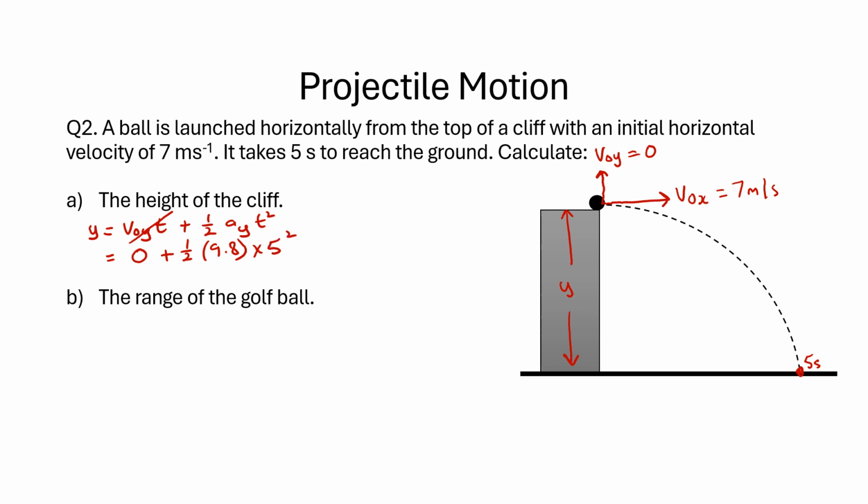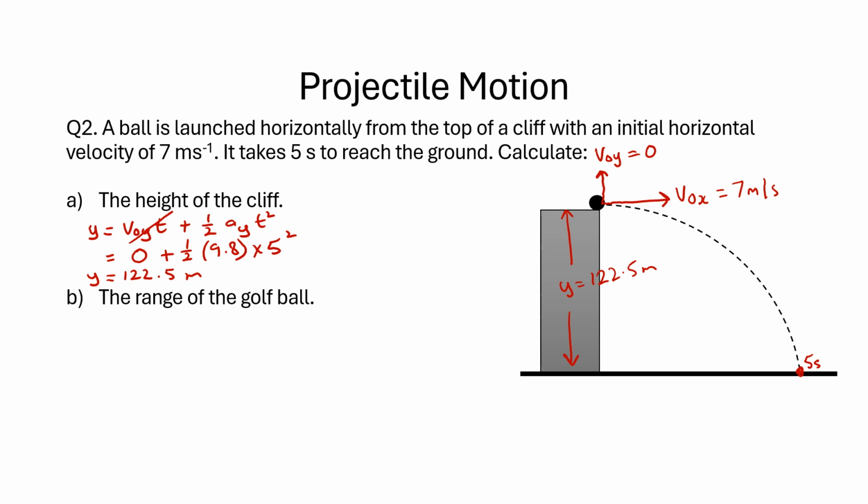So now let's use the calculator and calculate. 5 squared is 25 times a half times 9.8. This is equal to 122.5 meters. So this is the value of y. So we now know that y equals 122.5 meters.